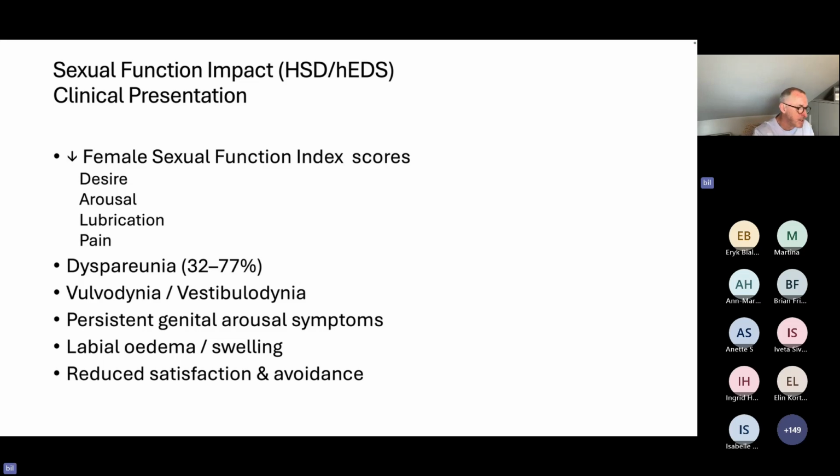Persistent genital arousal, if you've not seen many of these patients, is a really disabling condition where you have the genital changes of arousal, but not the cognitive change.